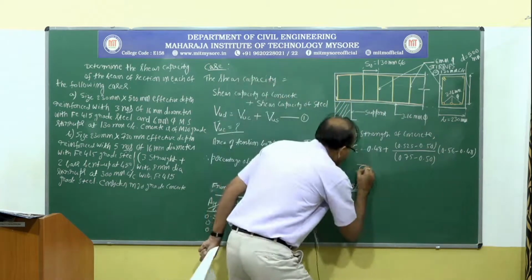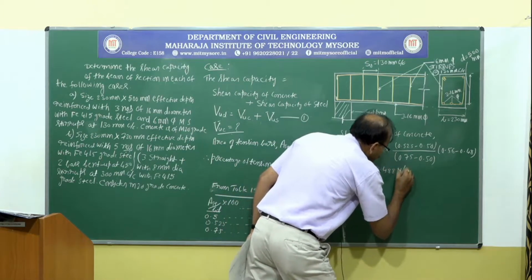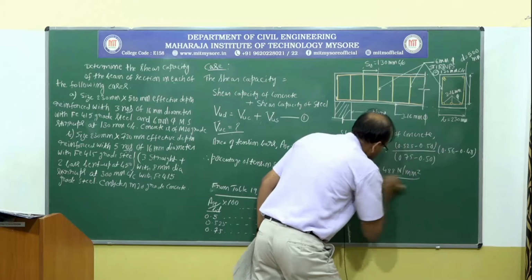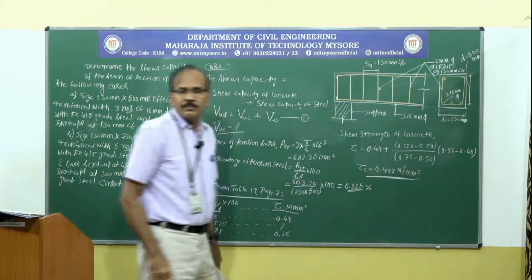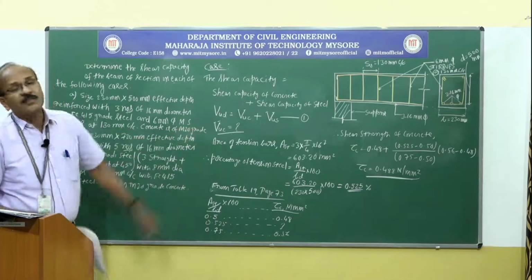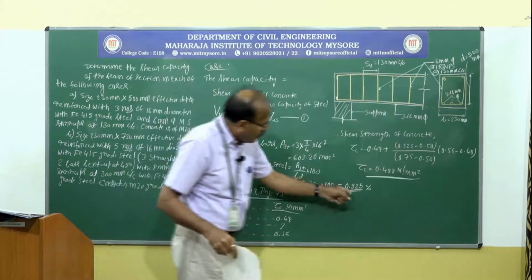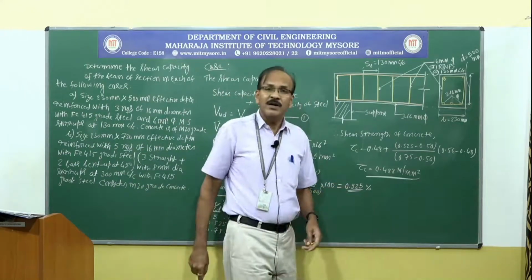So the value I am going to get is 0.488 Newton per millimeter square. That is the shear strength of concrete for 0.525% of tension steel.